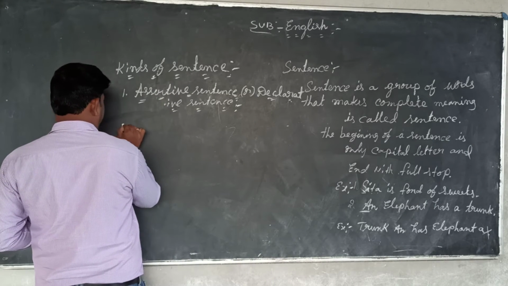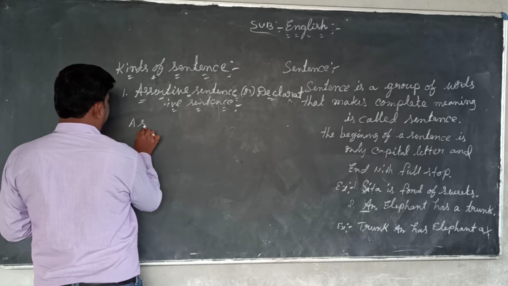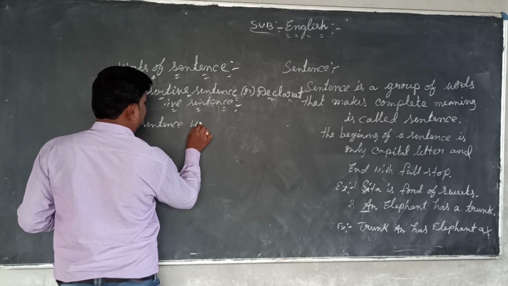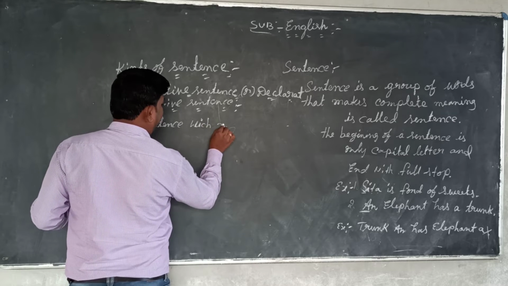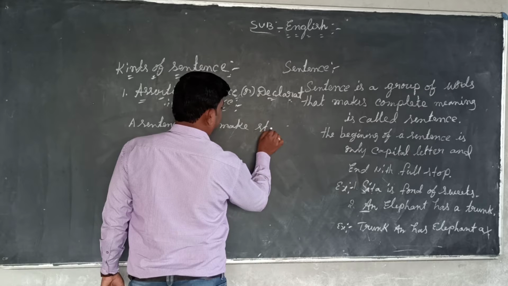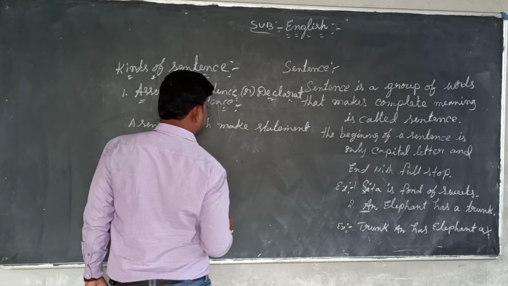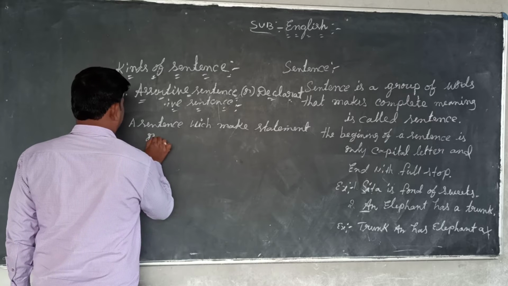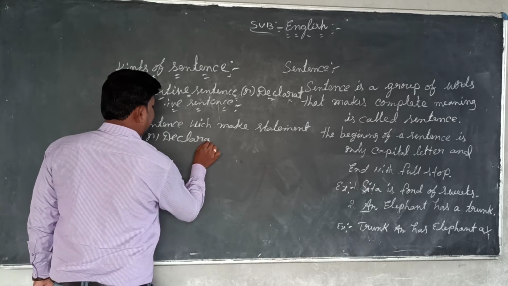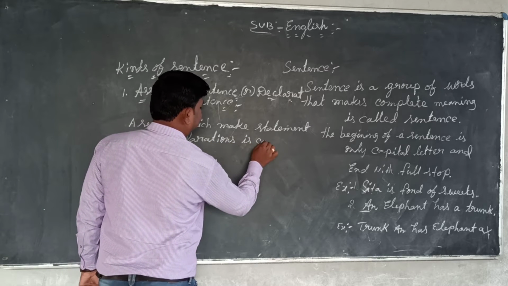I want to write the definition here. An assertive sentence means a sentence which makes statements or declarations.